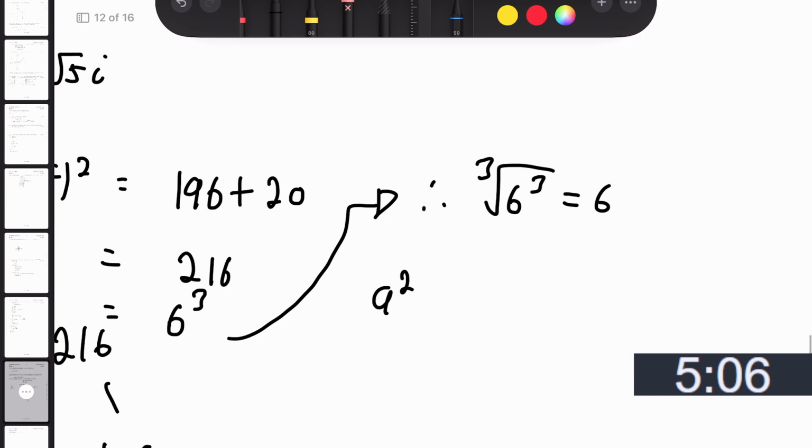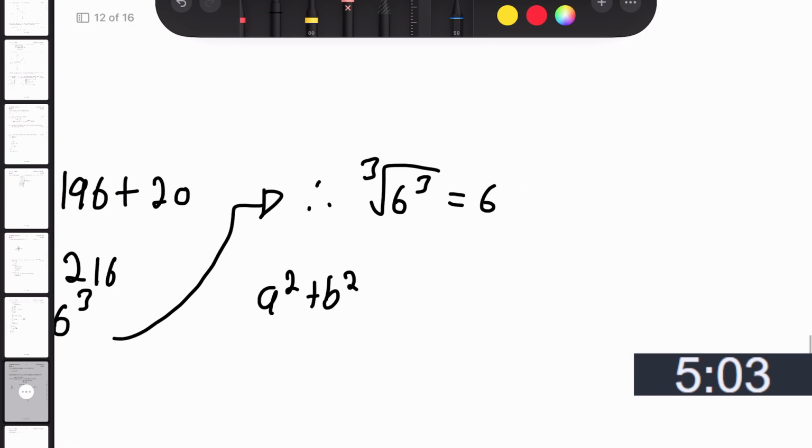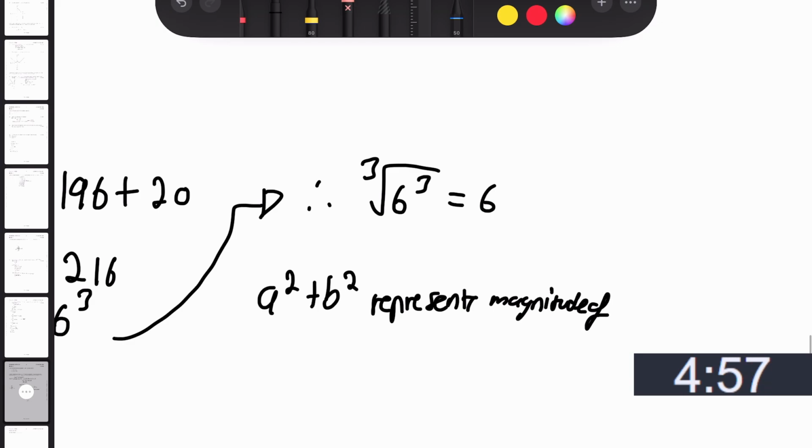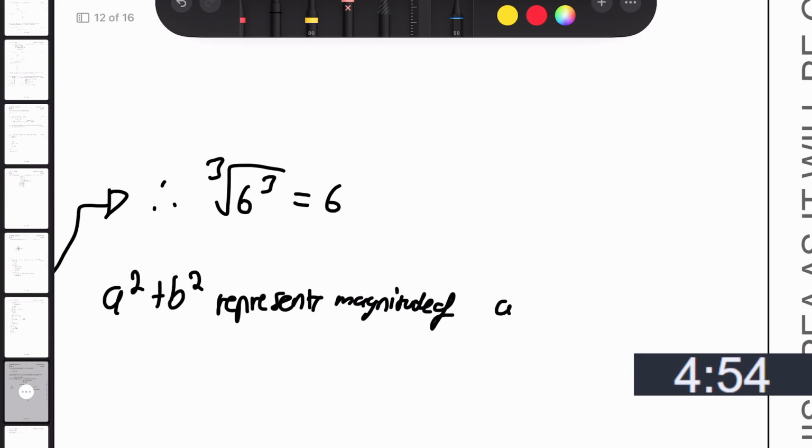I'm going to say a squared plus b squared represents magnitude of a plus bi.